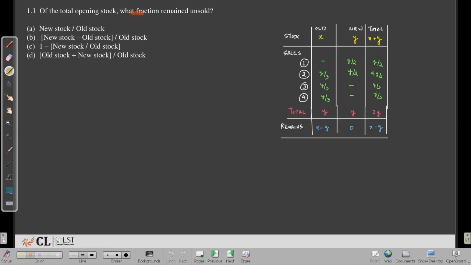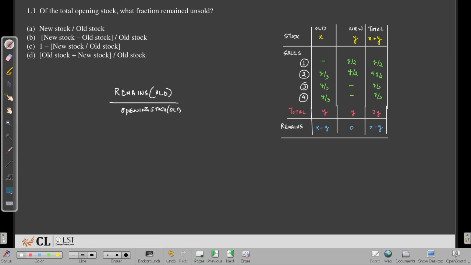Of the total opening stock, what fraction remains unsold? Of the total opening stock, which is equal to x, what remains is x minus y. So the question is essentially asking: what remains of the old stock, which is the opening stock, divided by the opening stock.